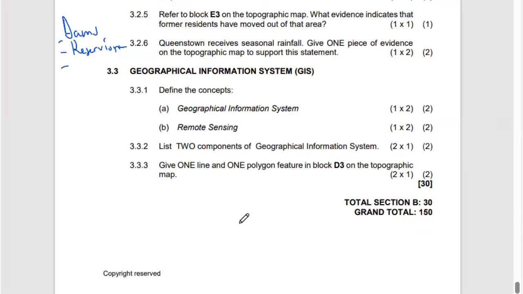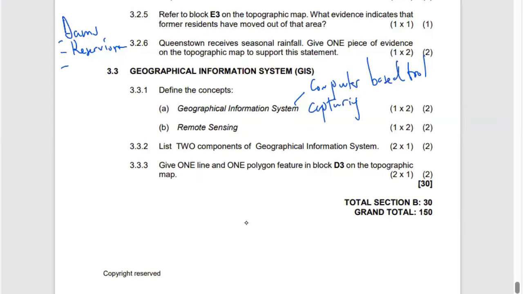Geographical information systems. If you check on that, you look at the definition of GIS as a computer-based tool. What is it used for? It is used for the different purposes of capturing.